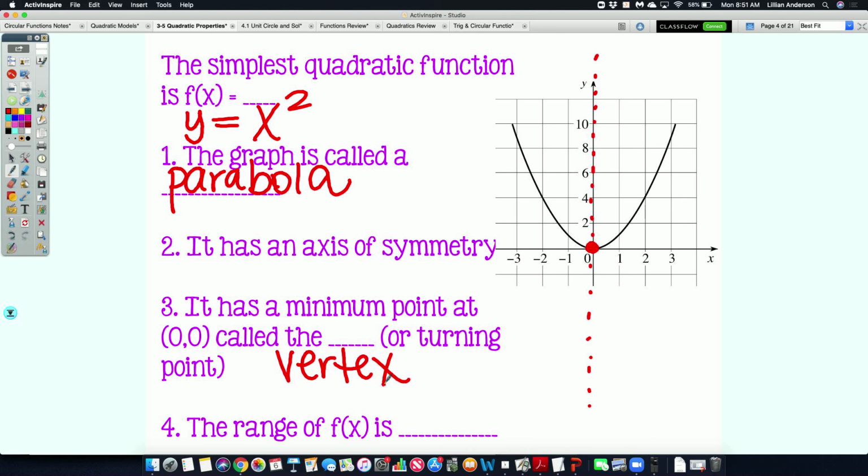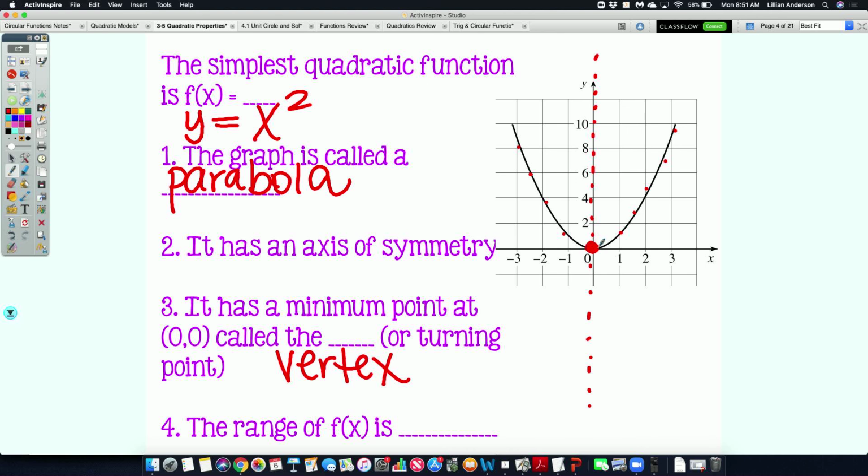For your most simplest quadratic function of x squared, its minimum point was at 0, 0. This is the minimum. It is the lowest point that's on the graph. Any other point on the graph has another point that's lower than it, except for this one right here, except for the vertex.